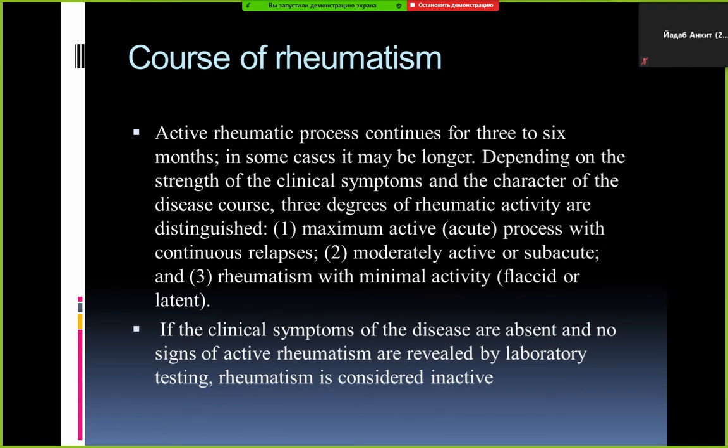If the clinical symptoms of the disease are absent and no signs of active rheumatism are revealed by laboratory testing, acute rheumatic fever is considered inactive.